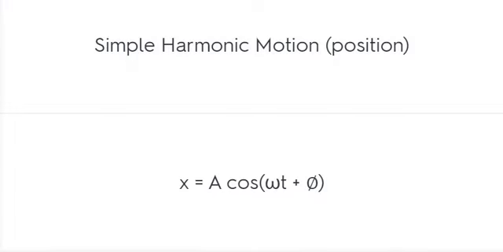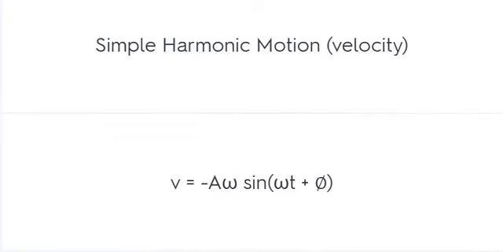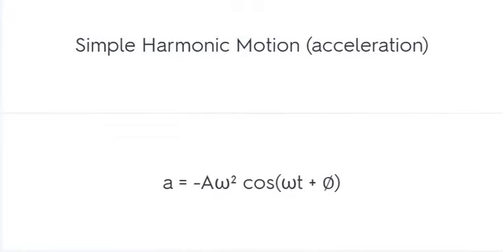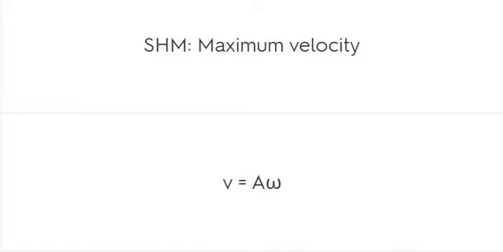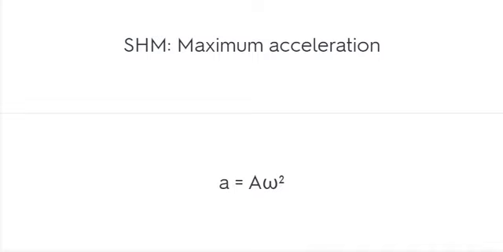Simple harmonic motion: x equals A cos(omega t plus phi). Simple harmonic motion: v equals minus A omega sin(omega t plus phi). Simple harmonic motion: a equals minus A omega^2 cos(omega t plus phi). SHM maximum velocity: v equals A omega. SHM maximum acceleration: a equals A omega^2.